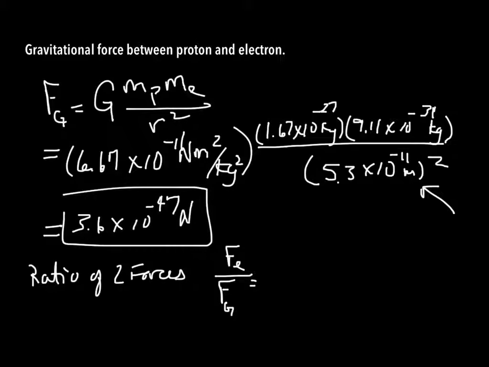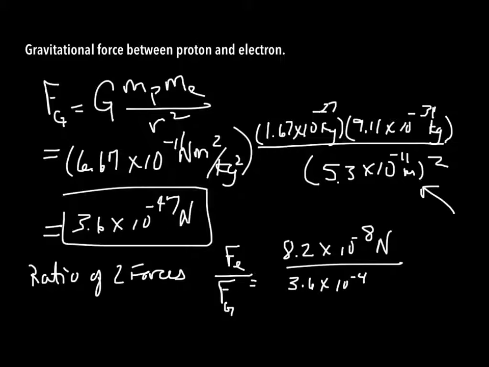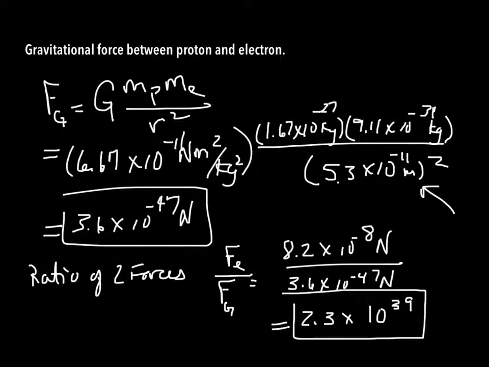And we get the electrical force, let's see, 8.2 times 10 to the minus 8 newtons, and we divide that by the force we just found, 3.6 times 10 to the minus 47 newtons, and of course newtons cancel, and our ratio comes up to be 2.3 times 10 to the 39, which is a very, very large difference.